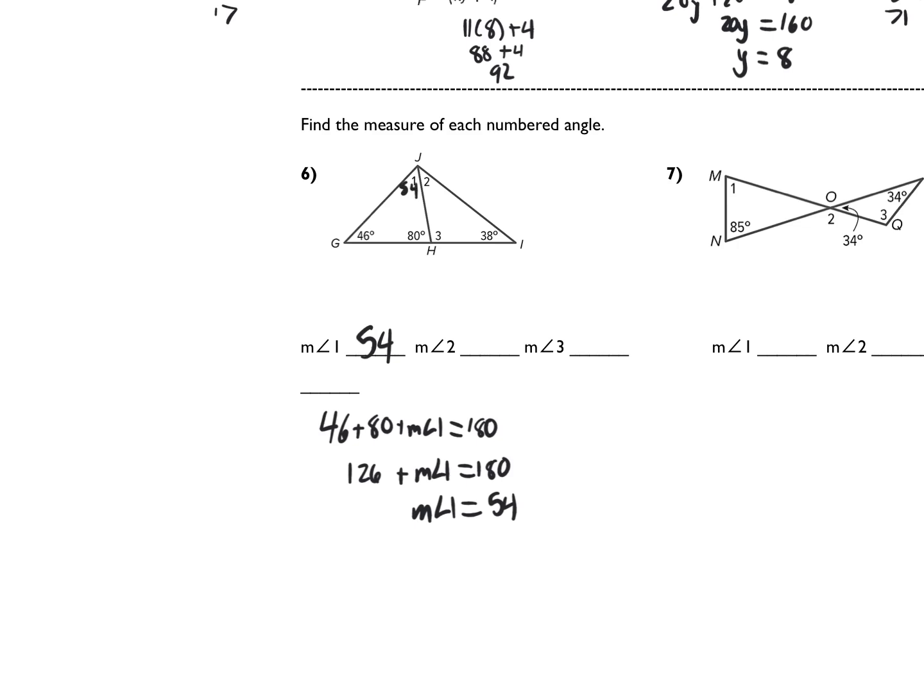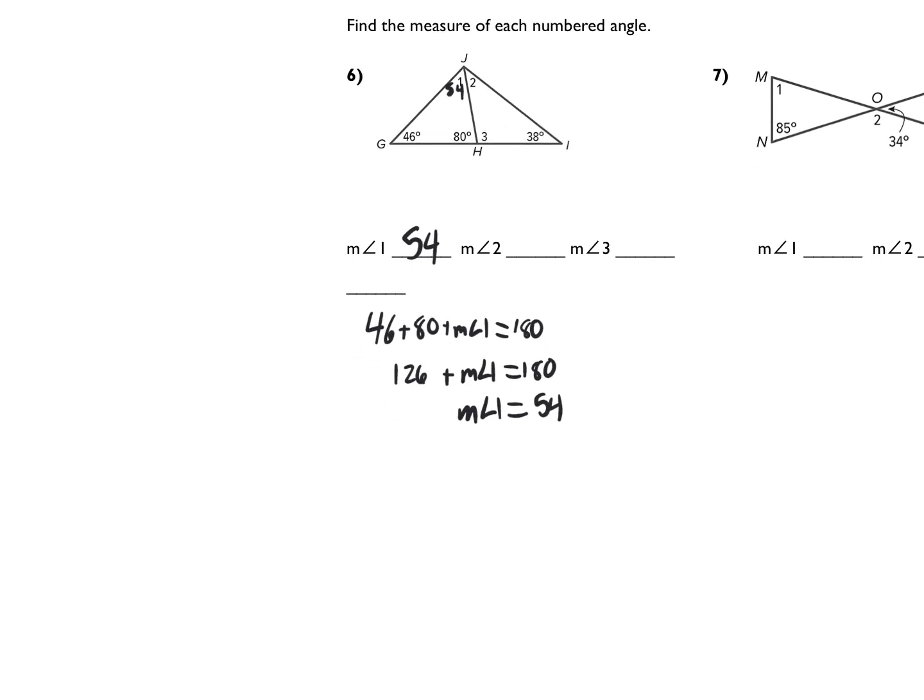All right, now the measure of angle 2 is going to be equal to angle G plus angle I plus angle J. That will be the rule that we'll use. Now angle J is made up of two small angles, right? There's GJH and there's HJI. So we're going to add those together. So 46 plus 38 plus 54 plus the measure of angle 2 is equal to 180.